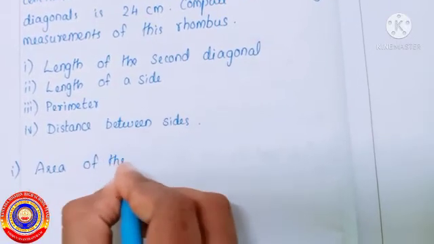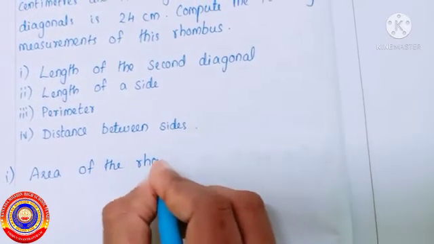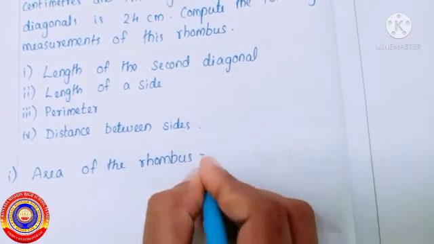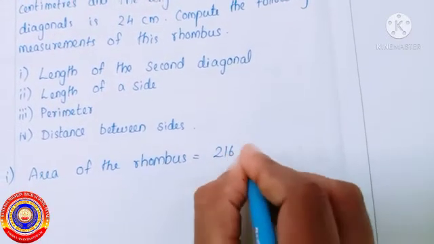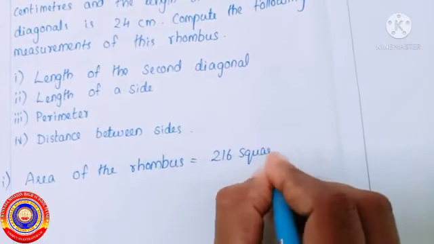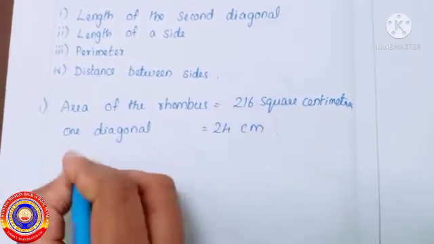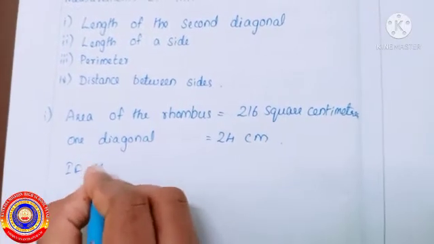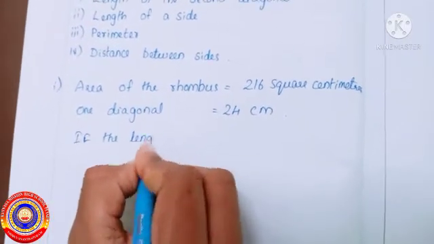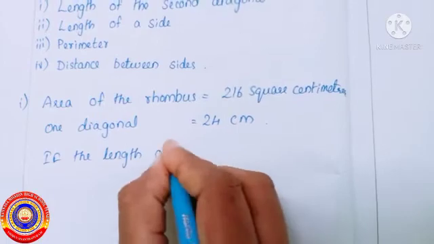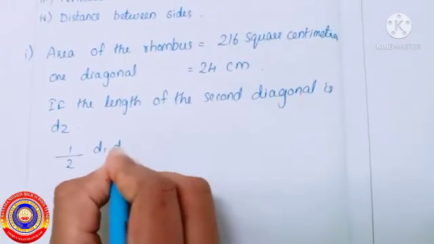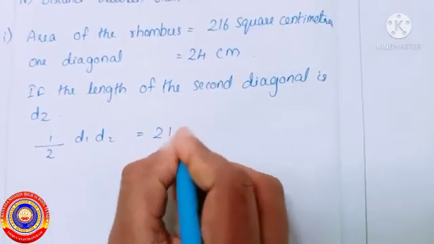Here the area of the rhombus is given as 216 square centimeters, and one diagonal measure is given as 24 centimeters. If the length of the second diagonal is D2, then 1 by 2 D1 D2 is equal to 216.